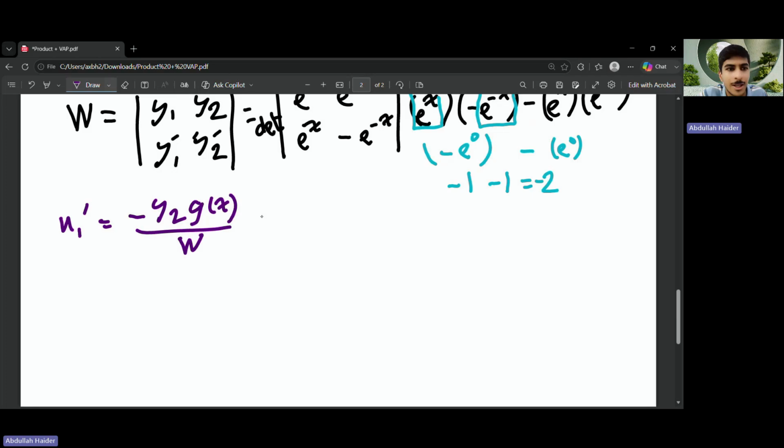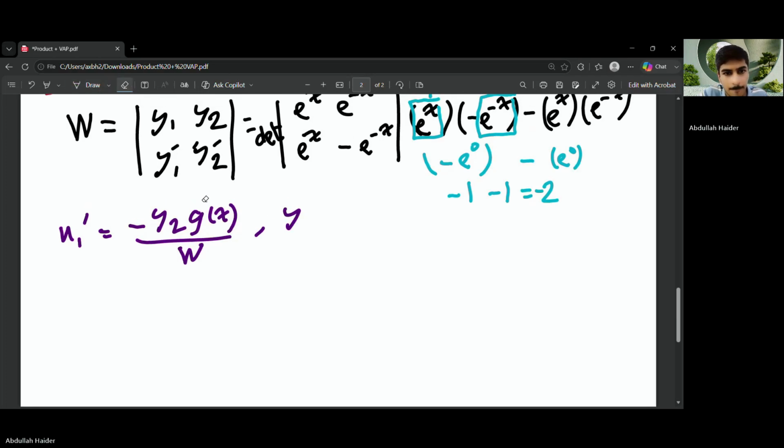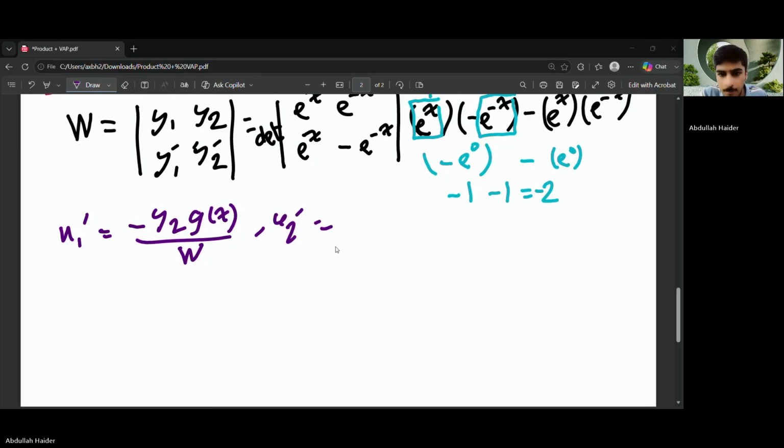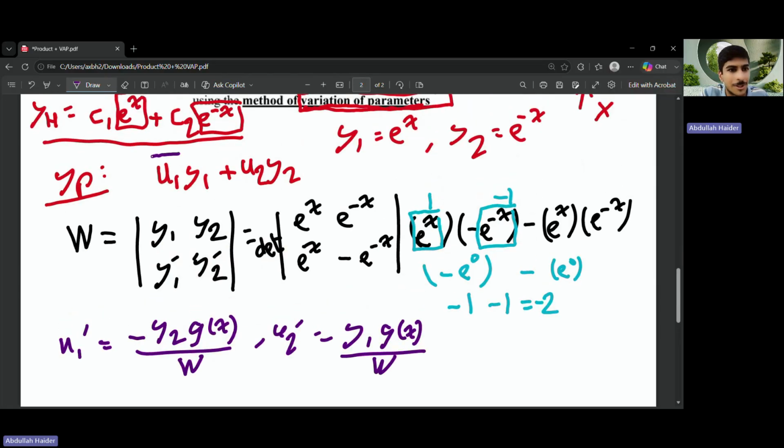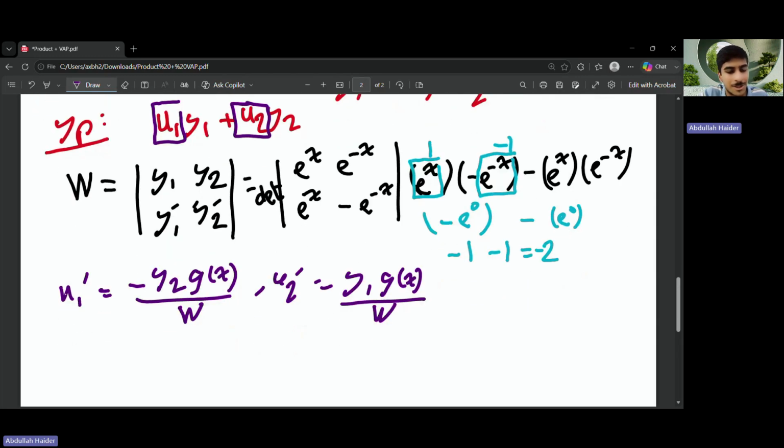And your U2 prime is equal to Y1 g of x over the Wronskian. Now, finding U1 prime and U2 prime and then integrating them will give us what we need over here. You need to memorize the steps, and you need to memorize these formulas.